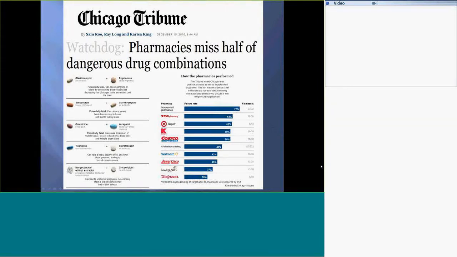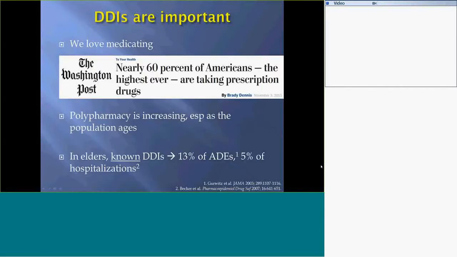So my initial reaction was, wow, this is potentially really embarrassing for pharmacies. But then I sat back and thought, well, I wonder what the clinical outcome data are underlying these target DDI pairs. But I may have been the only person in the world that saw this and thought that. But anyway, the point is that DDIs are in the public eye. They matter to patients, to pharmacists, to physicians, and other healthcare providers.